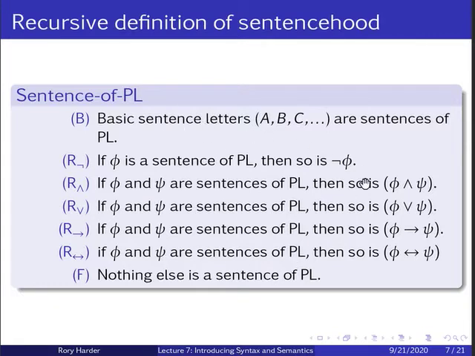So in no case, according to these rules, do you have it that something like just simply phi, or phi and psi, or not phi, or phi if and only if psi, is itself a sentence, because the rules only say, for instance, if phi and psi are sentences, then phi if and only if psi is a sentence. And the cases in which this antecedent is satisfied, where you have phi and psi as sentences, ultimately boils down to beginning with sentence letters.